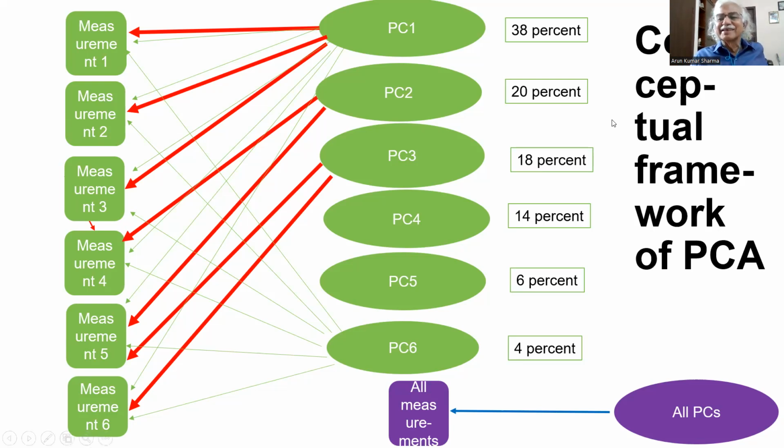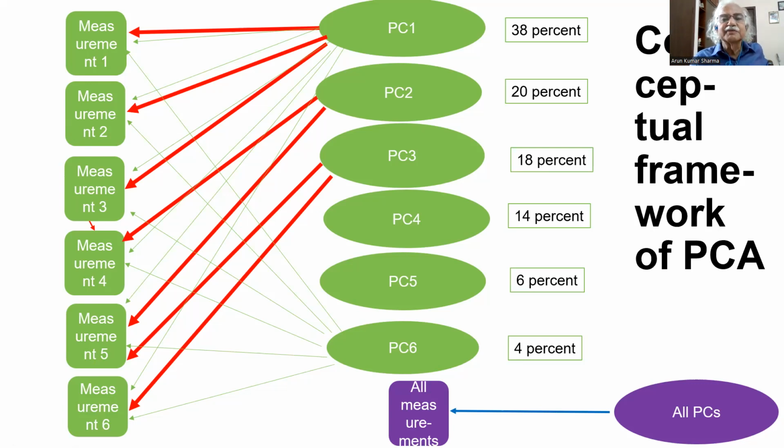What is achieved in principal component analysis is that we try to form groups of variables which are mostly interconnected, and in this conceptual framework, I have tried to show through linkages that this principal component 1 is a component or a factor which depends on all the measurements. There are 6 measurements, and principal component 1 is a linear combination of all these 6 measurements.